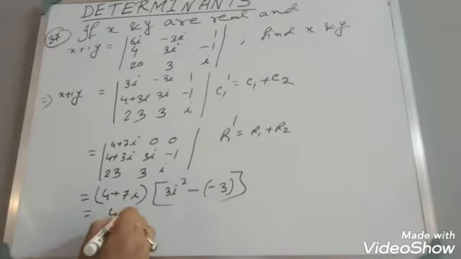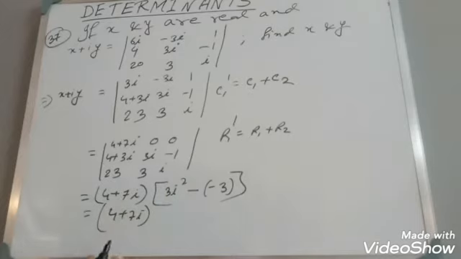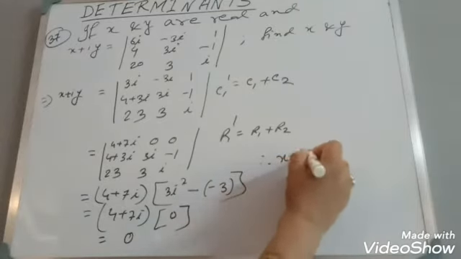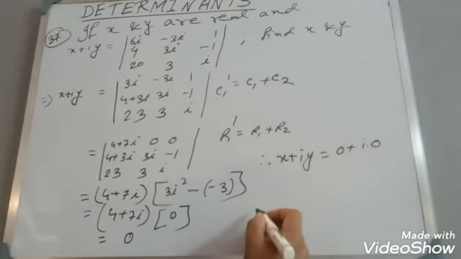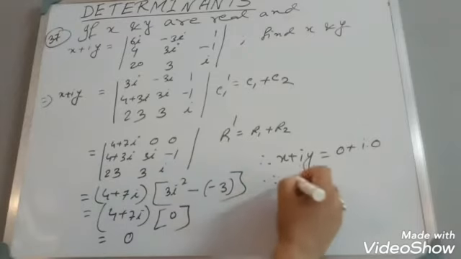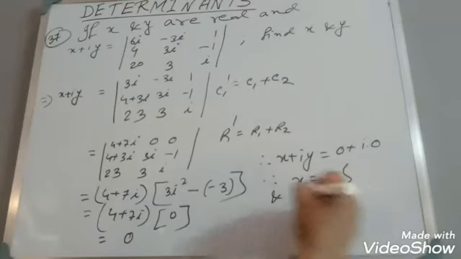Then what we will get? 4 plus 7i, 3i square means minus 1, we know in complex numbers i square means minus 1, so it is coming minus 3, and minus minus is plus, so it is coming 0 only. Okay, the whole thing will be 0. Then x plus iy is equal to 0 plus i into 0. So what is x, what is y? Therefore we can write x is equal to 0 and y is equal to 0.